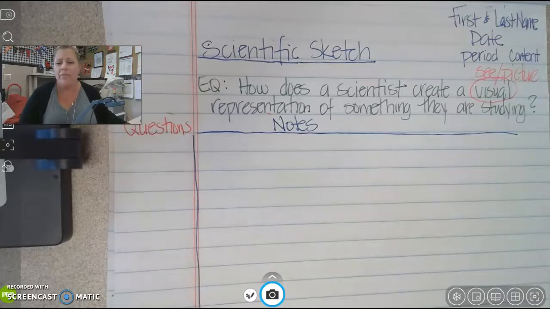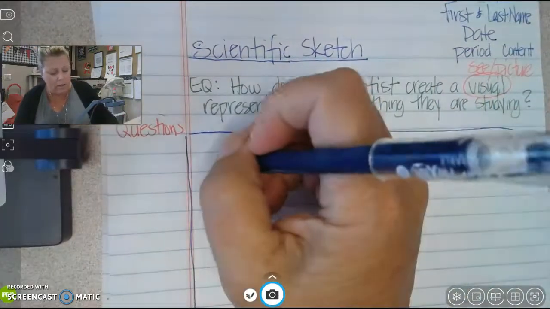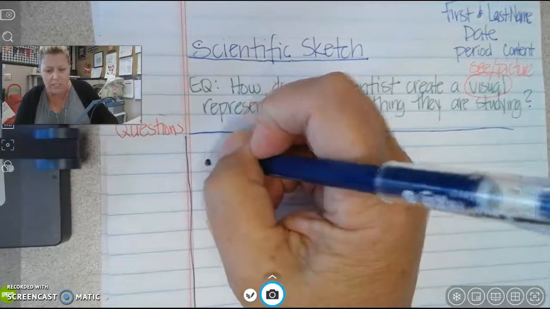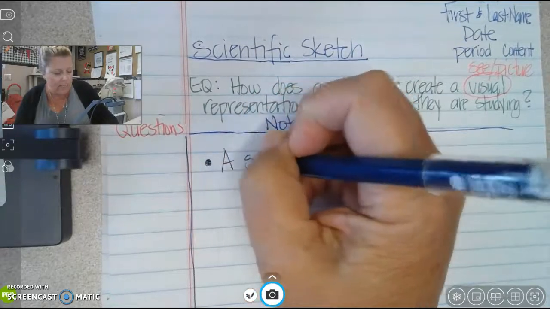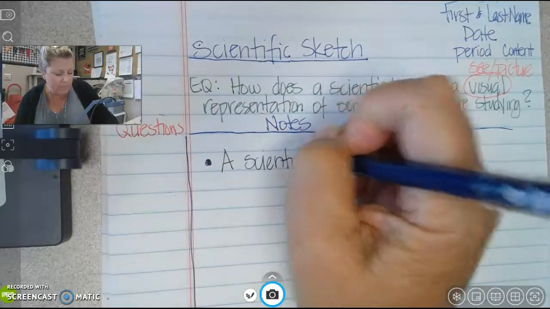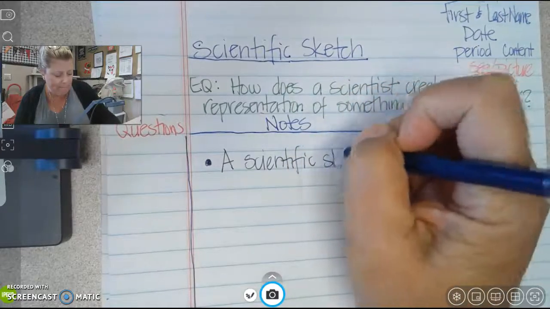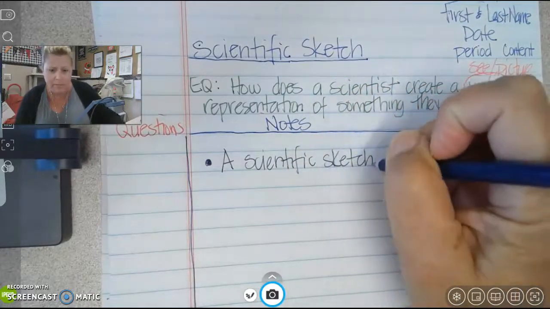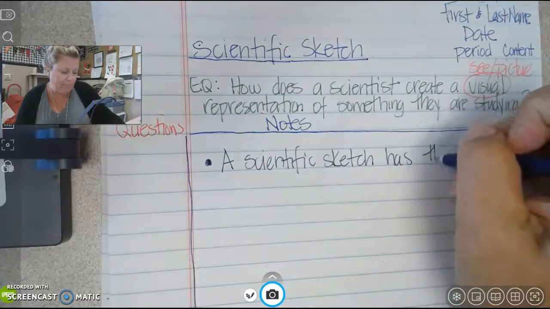So if you go through the PowerPoint, there's some slides, and one of the slides tells you what scientific sketching is. So we're going to talk about what scientific sketching is. And we're going to say a scientific sketch has the following.